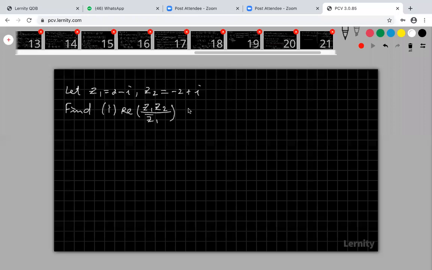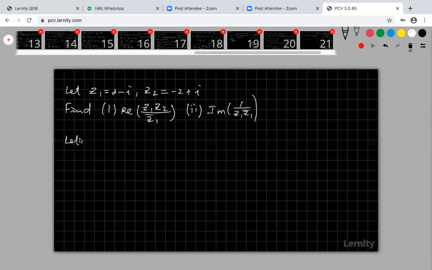And second one, imaginary of 1 by Z1 into Z1 bar.